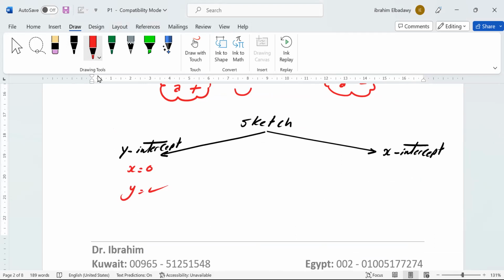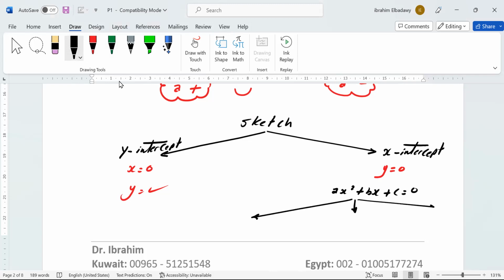But what about the x-intercept? At the x-intercept, you should put y equal to 0. In this case, you get ax squared plus bx plus c equal to 0. You can get, in this case, three different cases. Maybe you intersect the x-axis at 2 points.